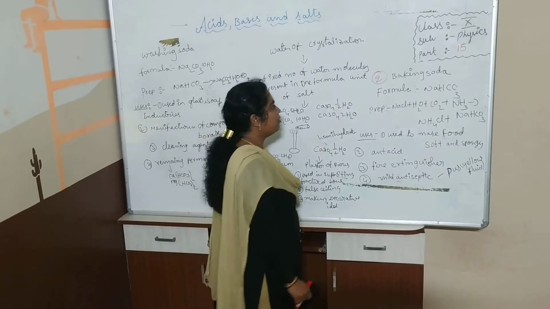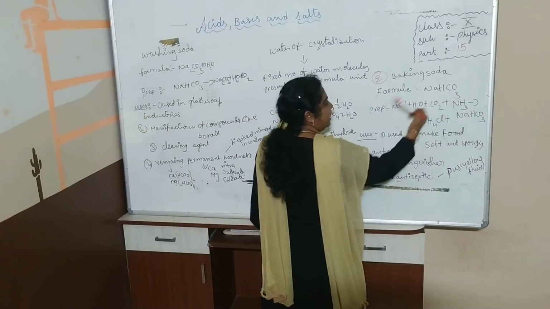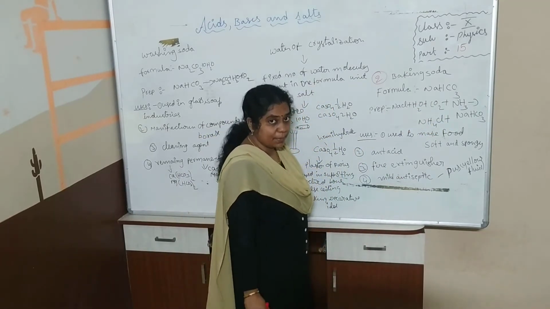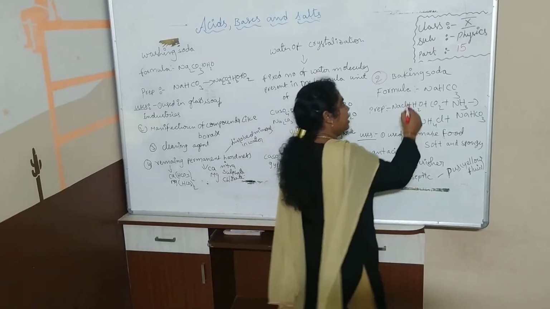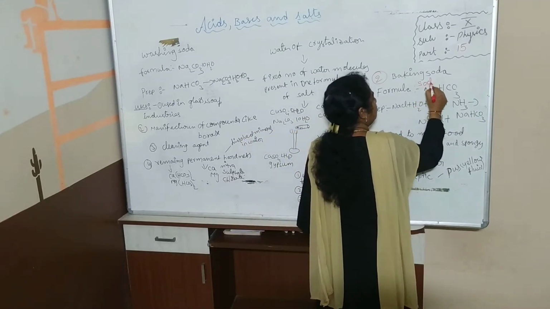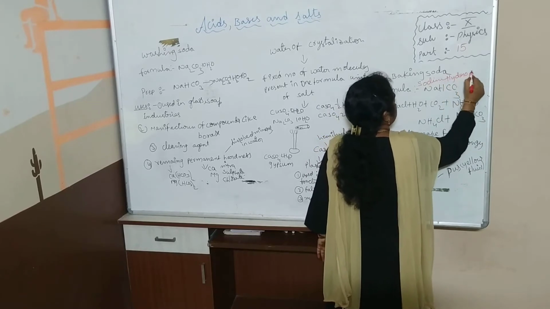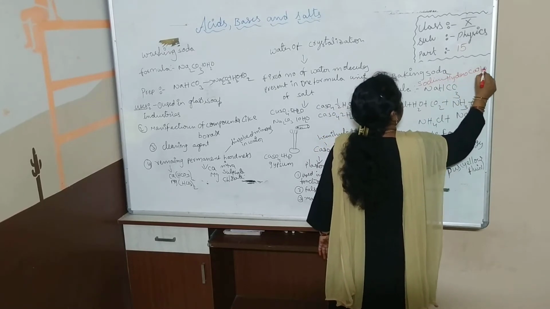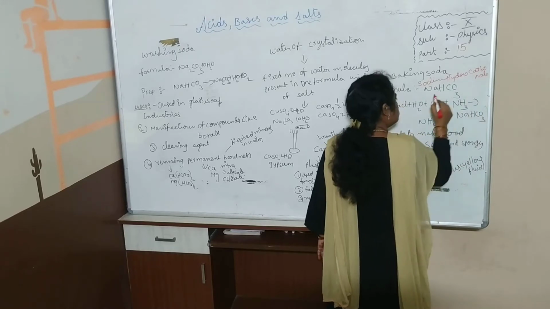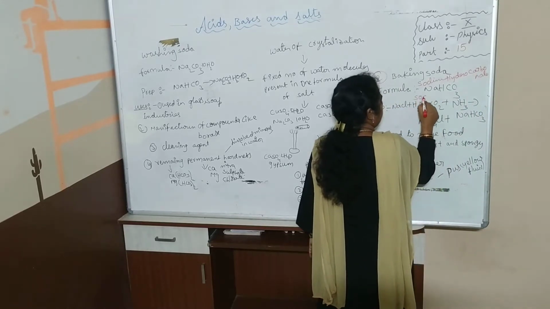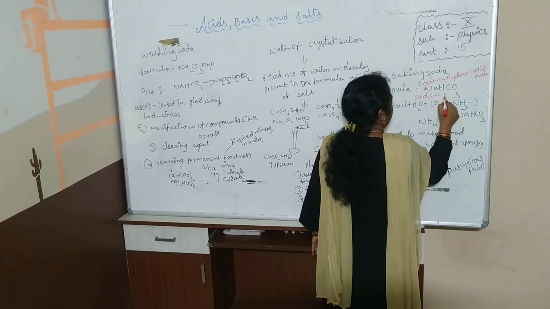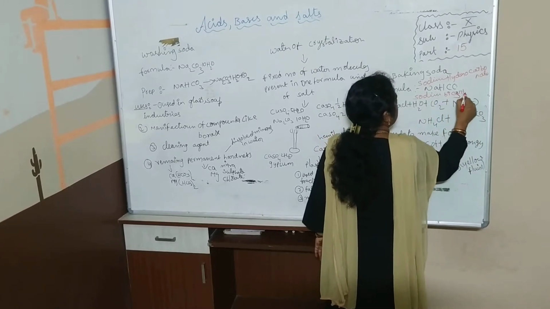What is the formula of baking soda? NaHCO3. What is the chemical name of NaHCO3? It is called sodium hydrocarbonate. It is also called sodium bicarbonate.